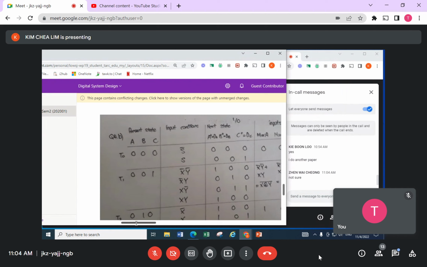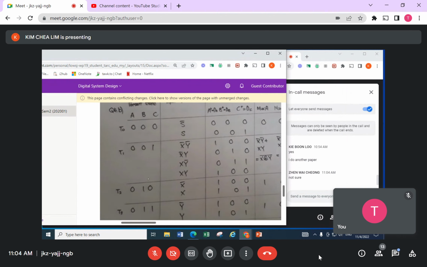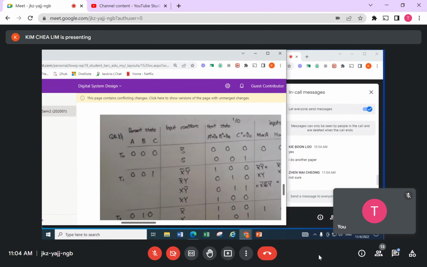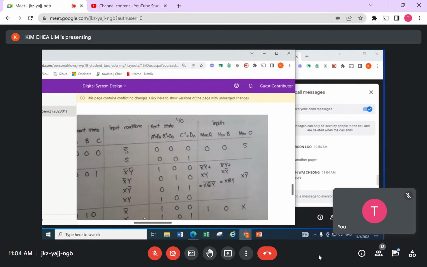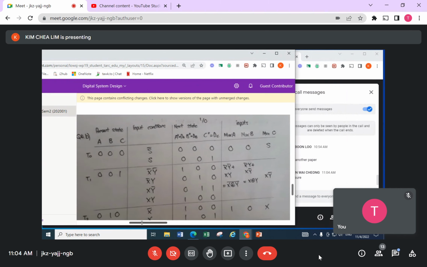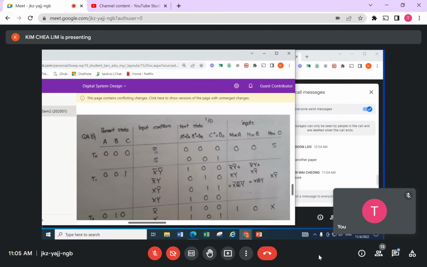4B, based on the ASM chart, I am going to build this table here. So I have a present state, S bar, a bit small, so confirm one by one.